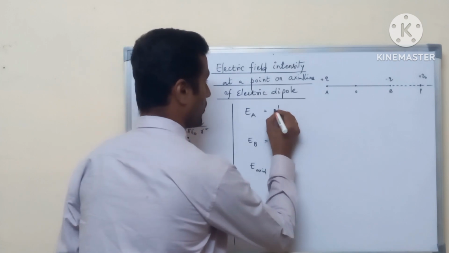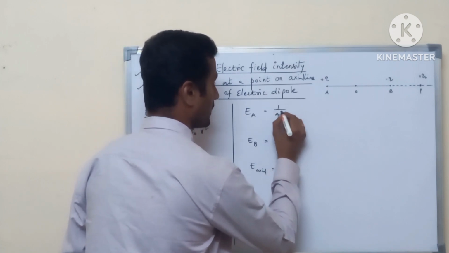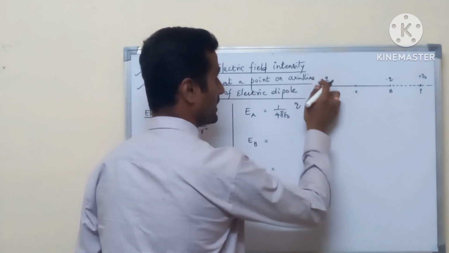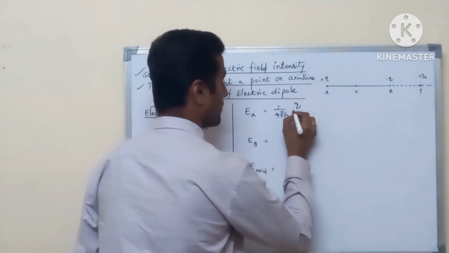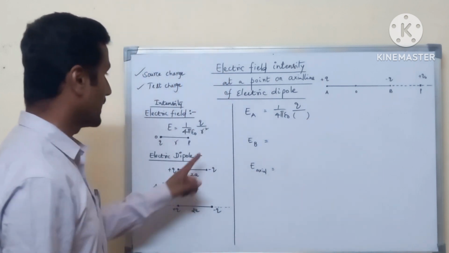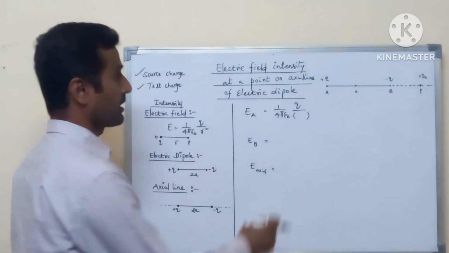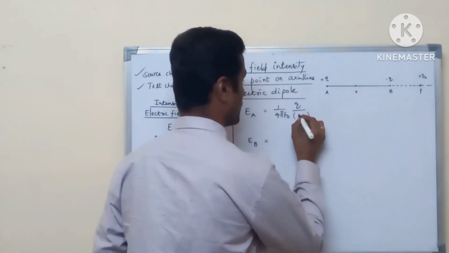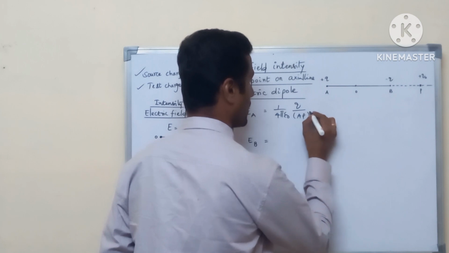Let us write down 1 by 4 pi epsilon naught Q, the source charge, which is plus Q here, by the distance square. Here the distance is from the source charge to the test charge, so AP whole square.